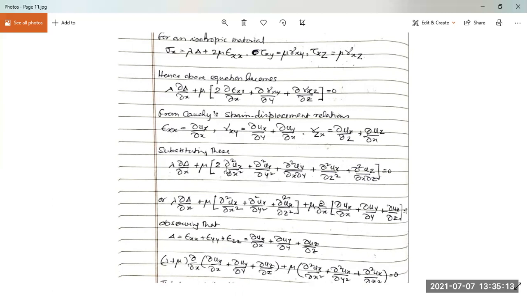There are two ∂u_x/∂x terms, so we put one of them here and another here, and put ∂/∂x outside, and inside ∂u_x/∂x, ∂u_y/∂y, plus ∂u_z/∂z, the whole being differentiated by ∂/∂x and multiplied by μ, and altogether it is equal to 0.